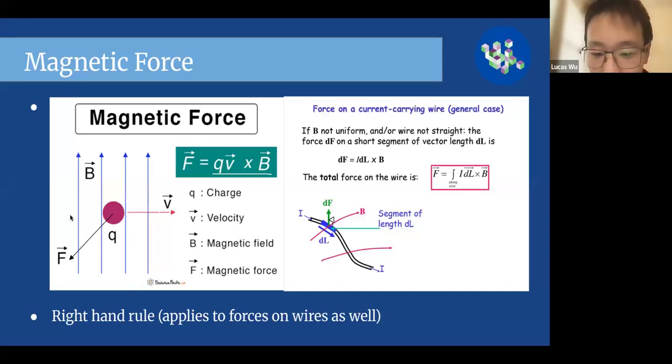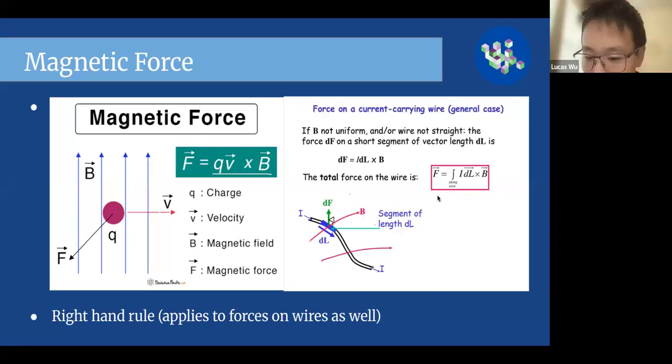Now, if I have an entire wire which has current in it, I can also find the Lorentz force on that wire. I'll just make a new drawing.